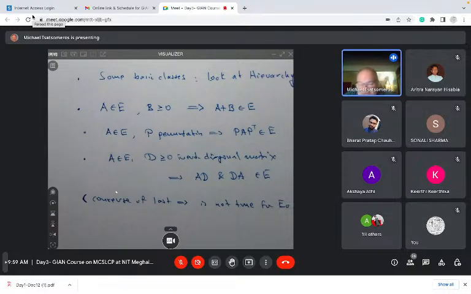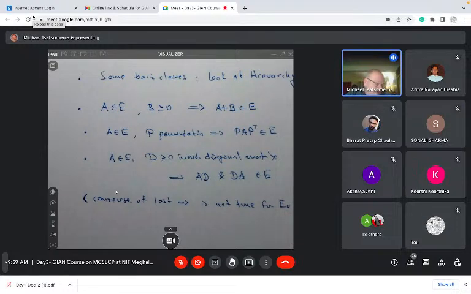We struggled to find a counterexample. So in other words, find something where A times D, for example, is in E0, but the matrix A is not in E0.